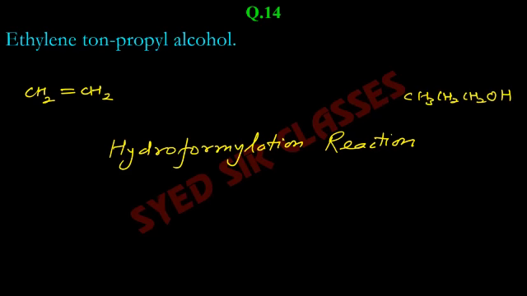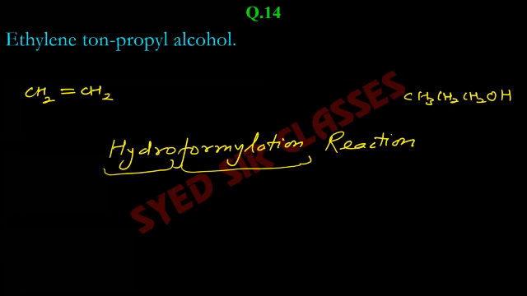For that, we have to introduce one carbon. That is evident. We have only two carbons, we need three carbons. And here we are not going to use KCN, we are not going to use Grignard reagent. This is a specific reaction, the hydroformylation reaction. You need to remember, hydroformylation means hydrogen and formyl group you need to add.